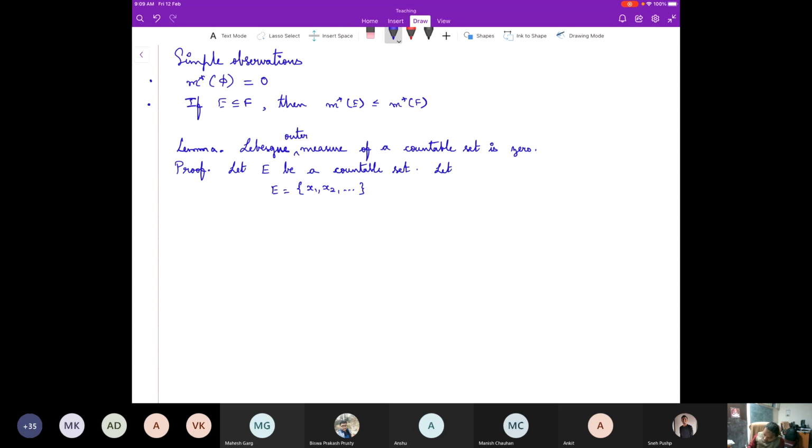Because it is countable, so this is an enumeration of the set E. This is one of the common tricks that we are going to do again and again. Let epsilon greater than 0.